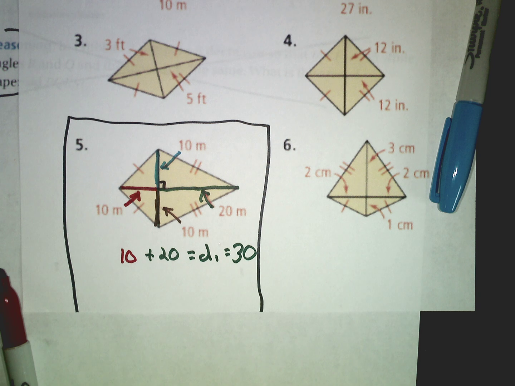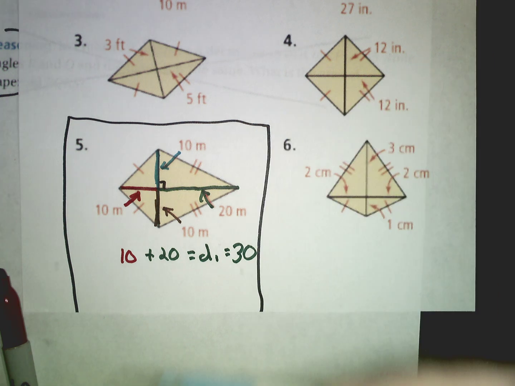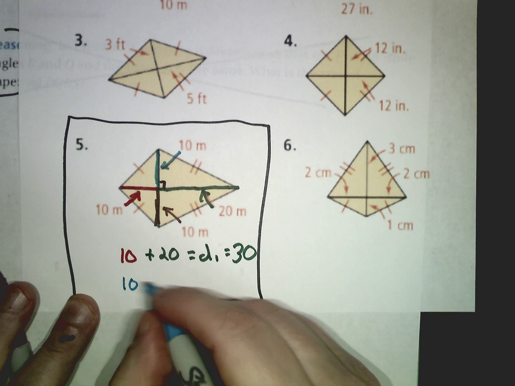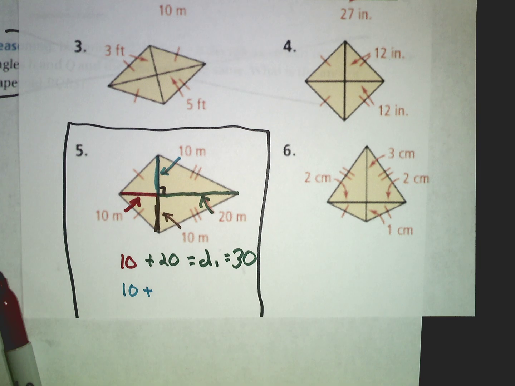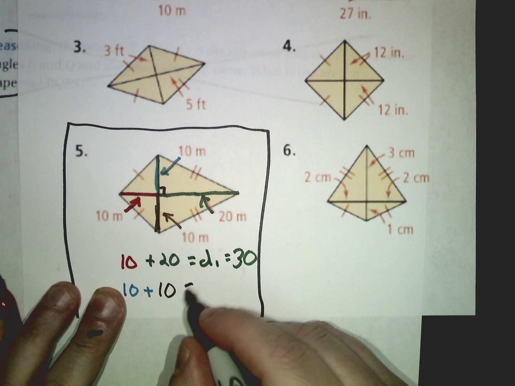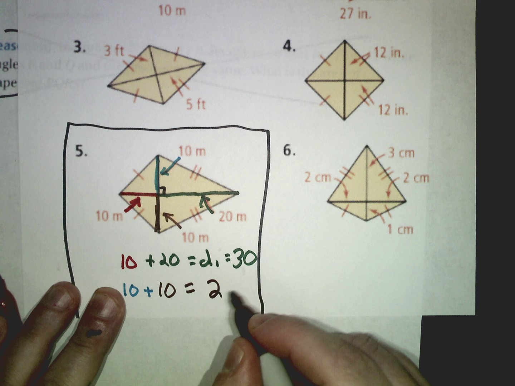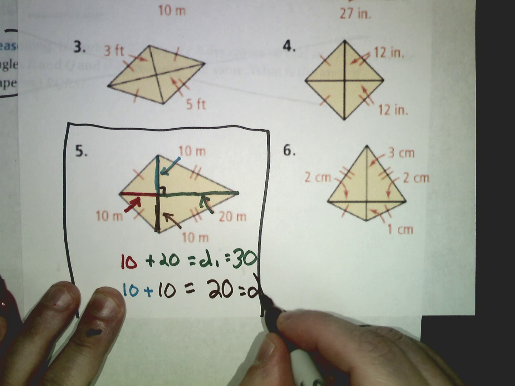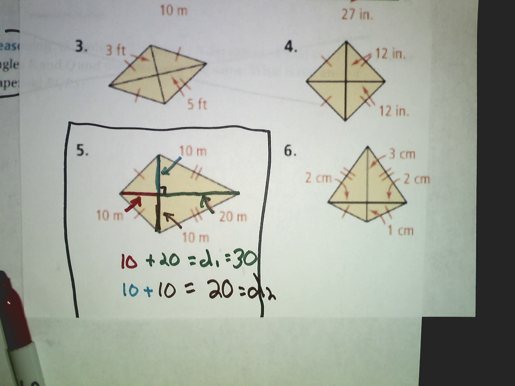Now my diagonal 2, well, one is blue, which is 10, plus the other one, which is brown, which is also 10, and that equals 20, or as we're going to call it, diagonal number 2. So I have 2 diagonals.